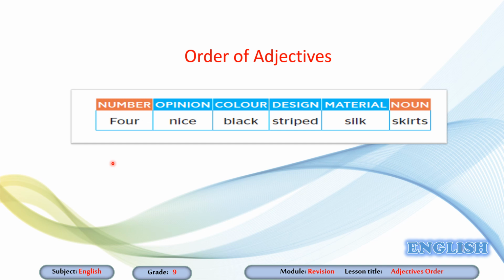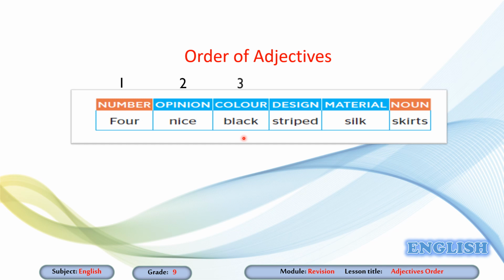If you want to use more than one adjective, those which refer to the number should come first. Number one is the adjective which refers to number. Then, number two, the ones which talk about your opinion, the ones which express what you think about the noun.